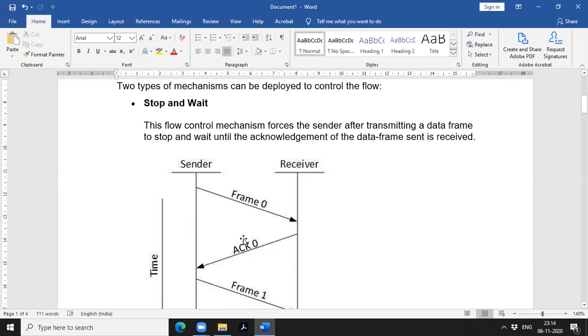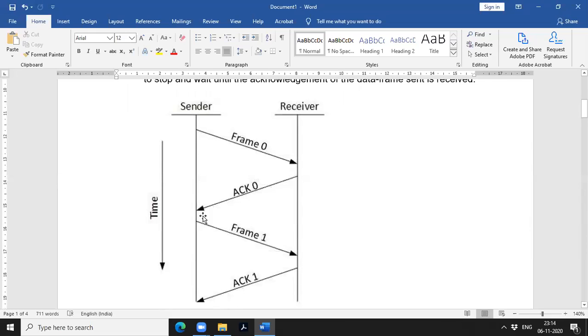Then the sender will transmit the next frame. Again the receiver sends back a positive acknowledgement to the sender. Similarly, the data will be sent and received for positive transmissions.